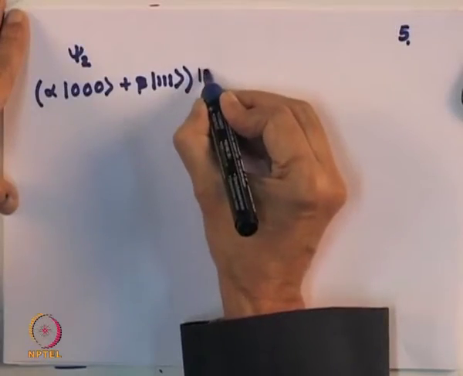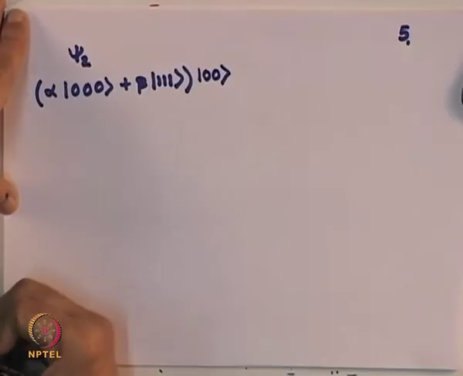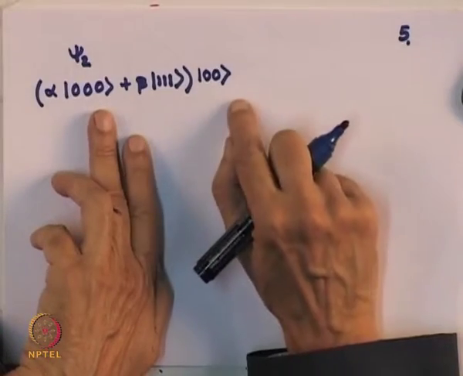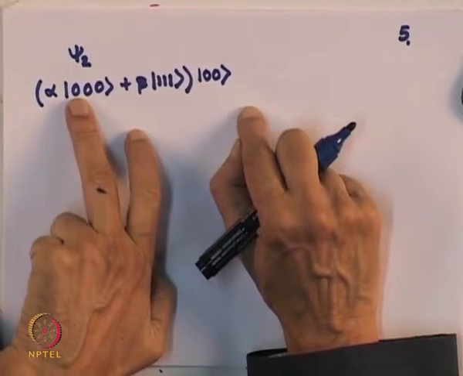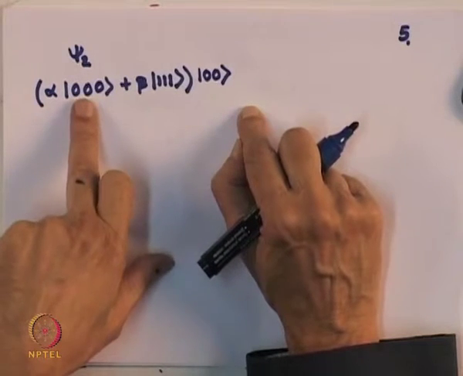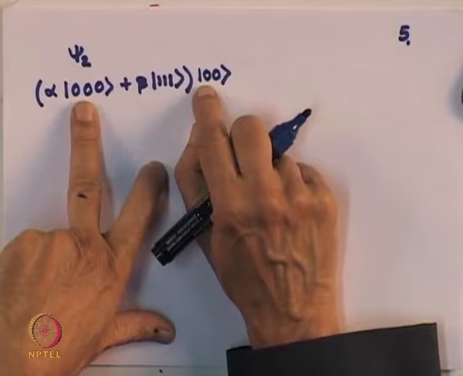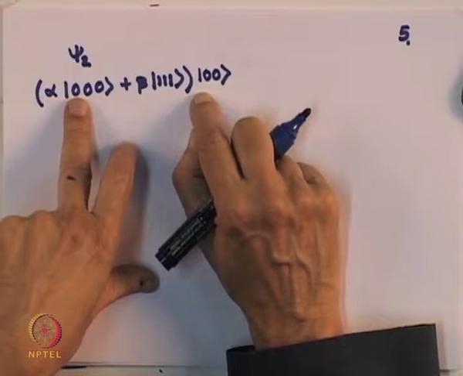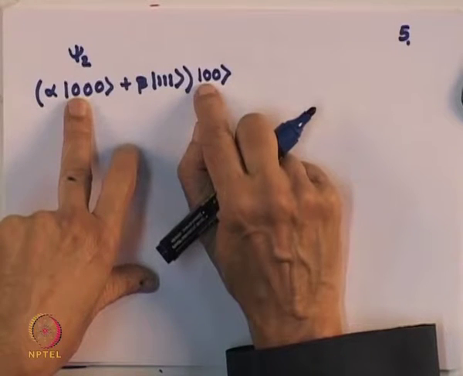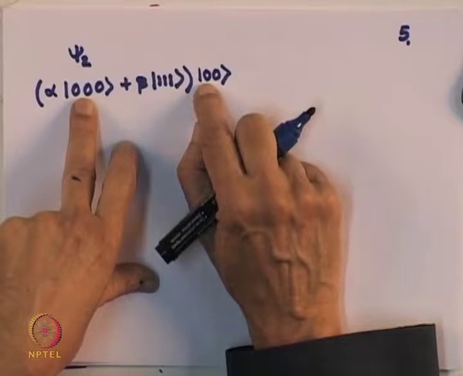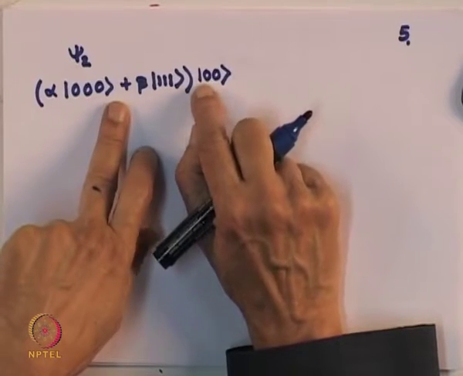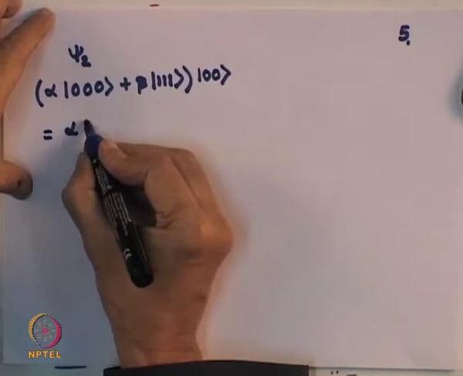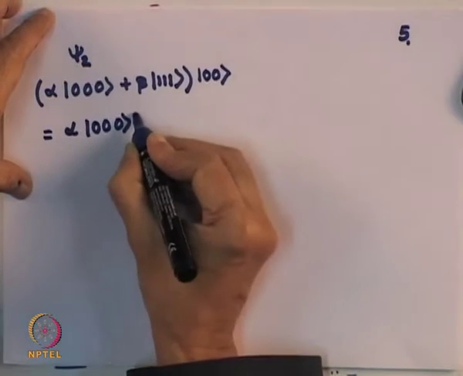My ancilla states were 0 0. Since Bob decided to use the first and the second as the control to change the first ancilla bit, in this case the first control was 0, so that kept this 0 as 0, the second control was also 0, so therefore nothing happened to this. So therefore I would write this as alpha 0 0 0 and 0 0.